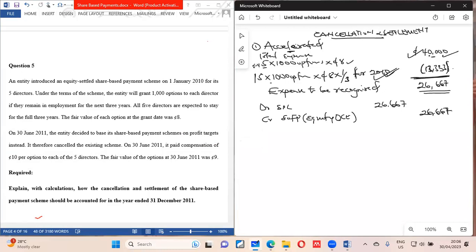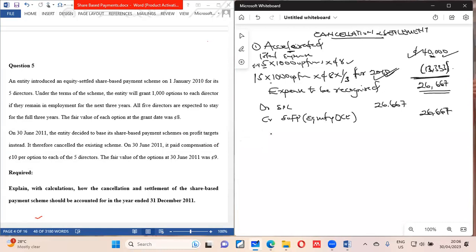If we accelerate the vesting, this is the acceleration of the vesting. So this is the expense that we want to recognize. But we have to take off the last year one, the 2010 one, because the thing is being canceled.